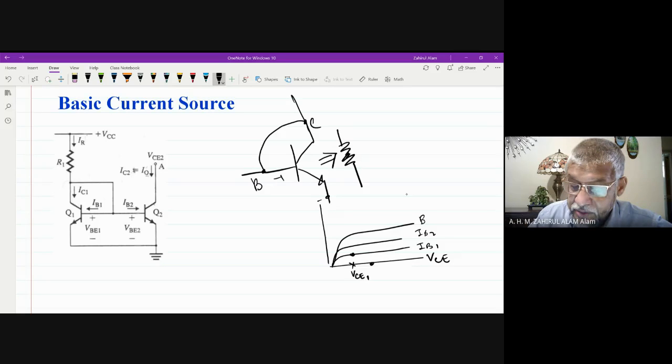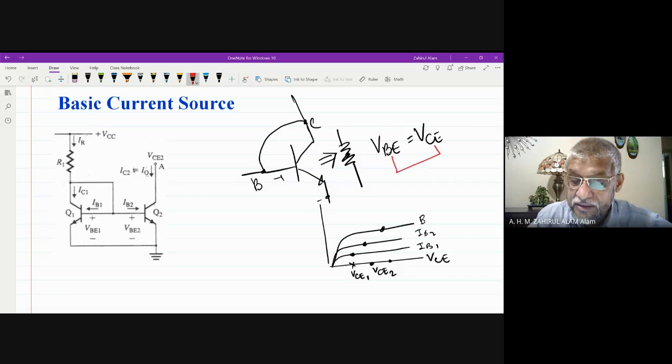When VCE2, we have IB2. When VCE3, we have IB3. Because this is base to collector connected, the VBE voltage is equal to the VCE voltage.